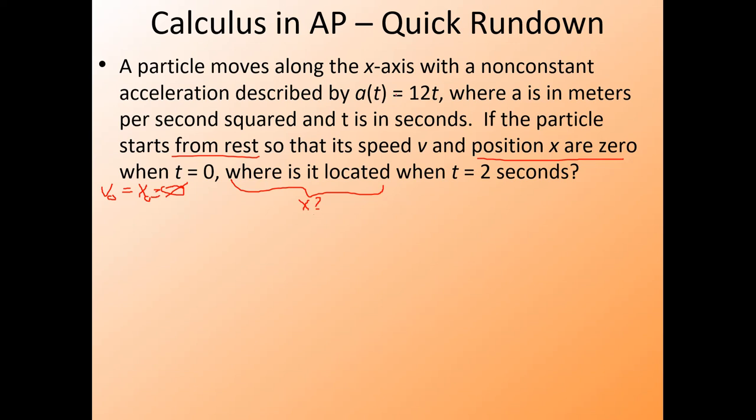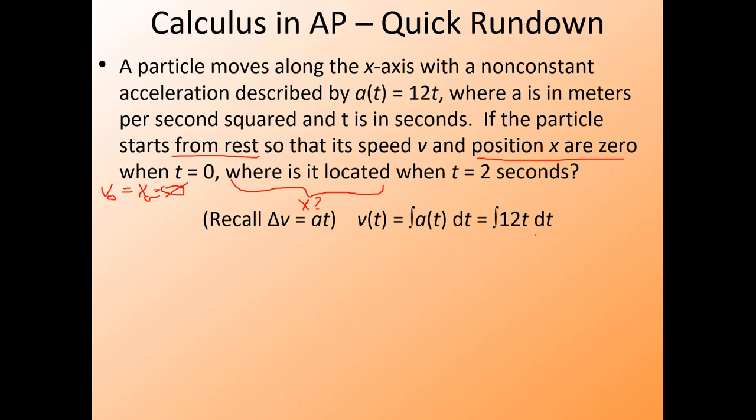So what I'm going to have to do is take the integral of this 2 times. If you recall, the change in velocity, delta v, is equal to at. Like I said, this is multiplication. So I can just take the integral of this acceleration equation, and that will get me my velocity equation. The integral of the acceleration with respect to time is just the integral of 12t dt.